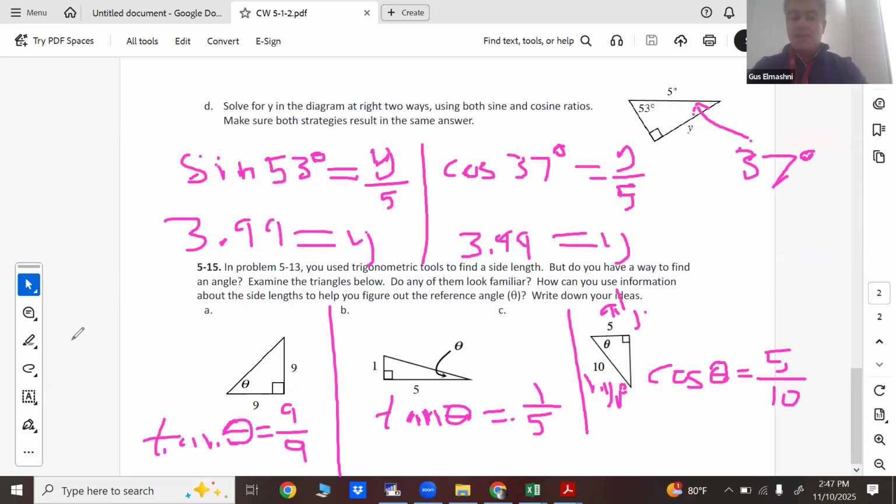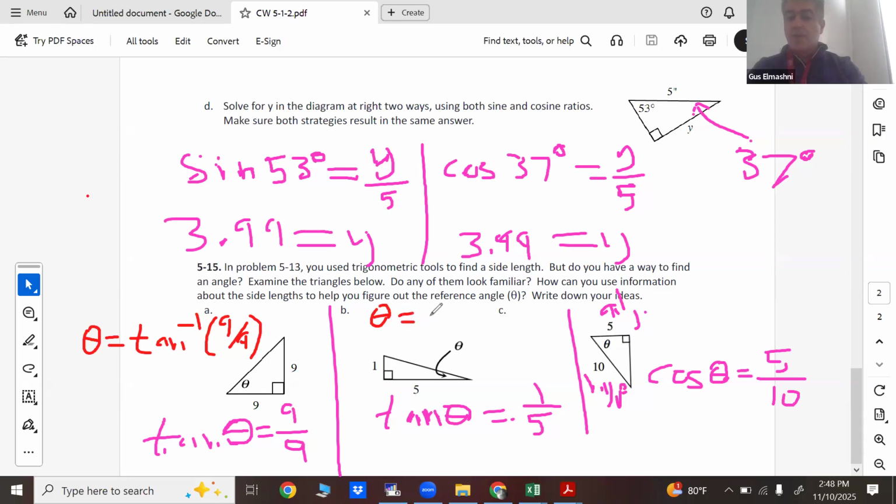Now, how do you solve it? I'll do this in red. Theta will be the inverse tan of 9 over 9.